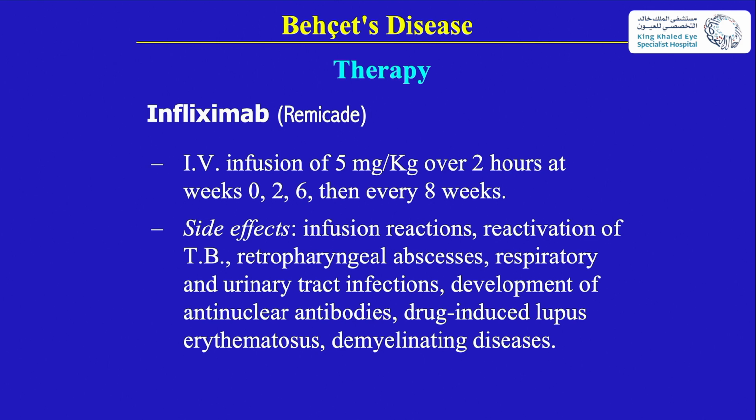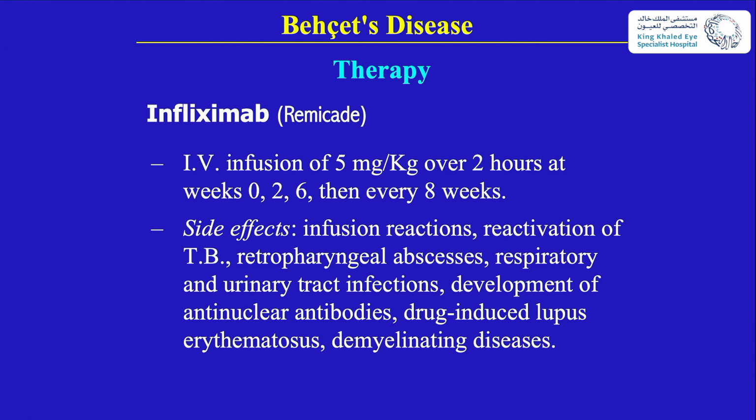Infusion reaction can happen because of the chimeric nature of the antibody, and other infectious conditions can happen. It can induce autoantibodies, and we published this before, anti-nuclear antibody and double-stranded DNA, but without any systemic lupus erythematosus manifestations. And it can cause demyelinating disease.